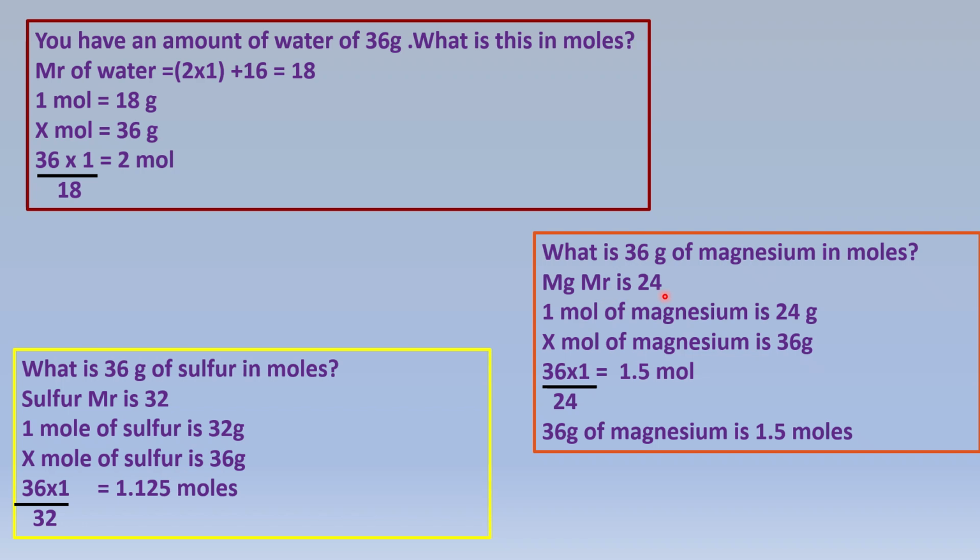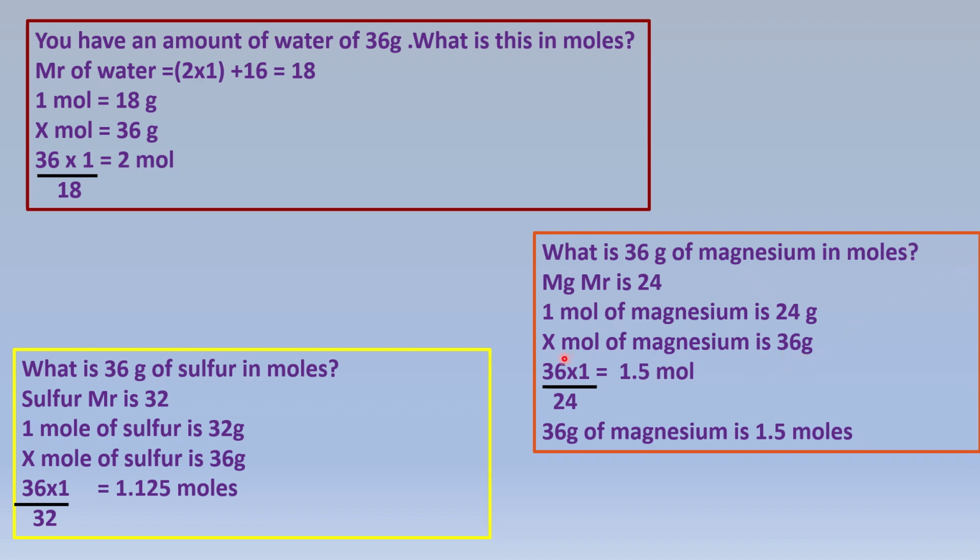It is 24. 1 mole of magnesium is 24 gram. It's the same as the relative atomic mass. X moles means I don't know them. This is what I'm looking for. Of magnesium is 36 gram, which is given here.